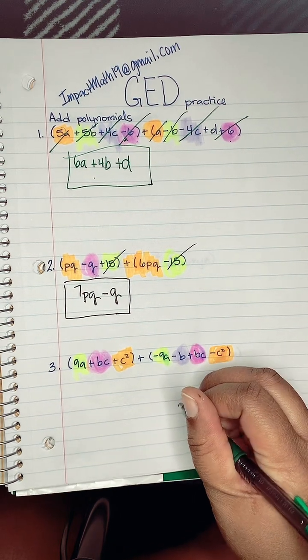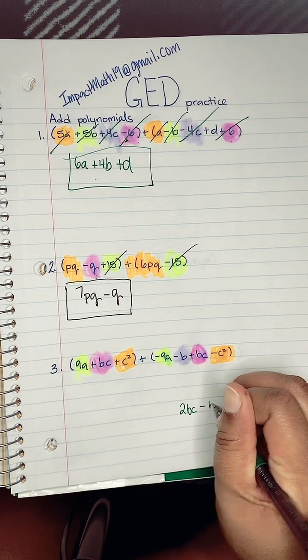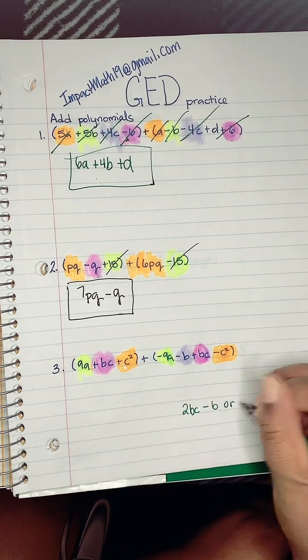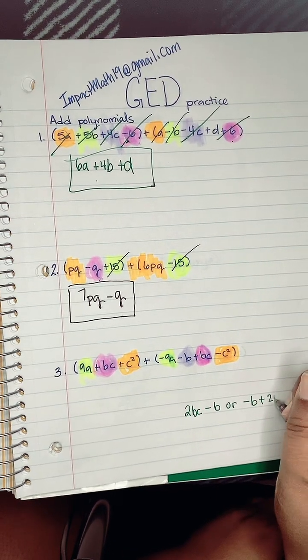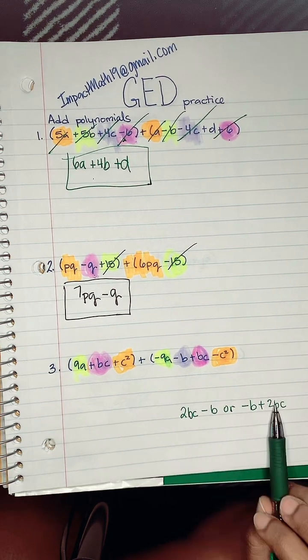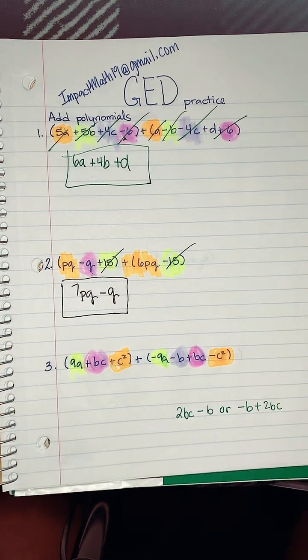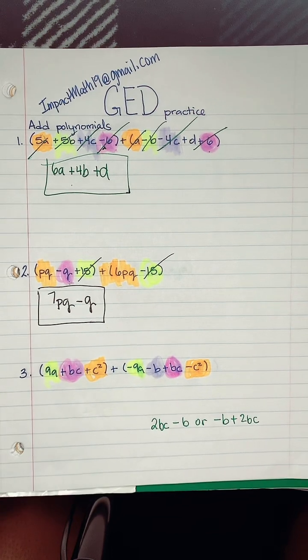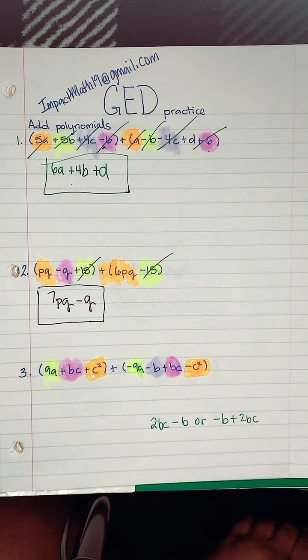Are these the same answer? 2bc minus b or negative b plus 2bc? Are these the same answer? Yes or no? Let me see it in the chat.